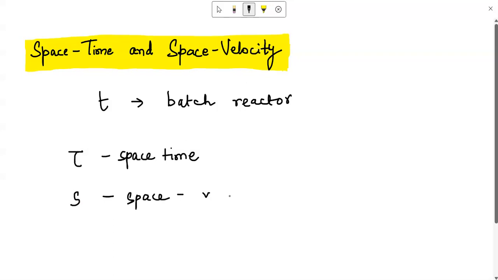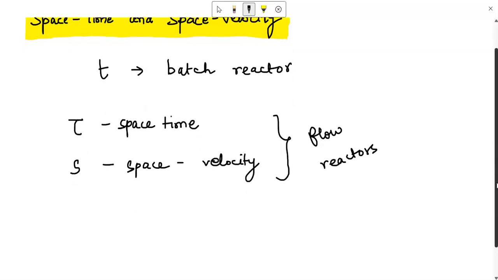Remember that the concept of space time and space velocity is applicable to flow reactors, whereas the concept of reaction time is applicable for batch reactors. Now let's talk about what these are exactly.